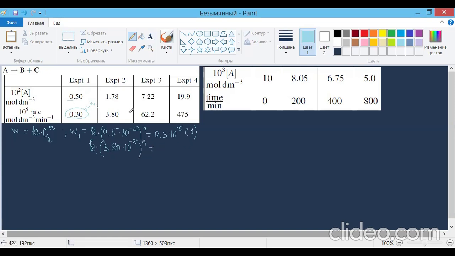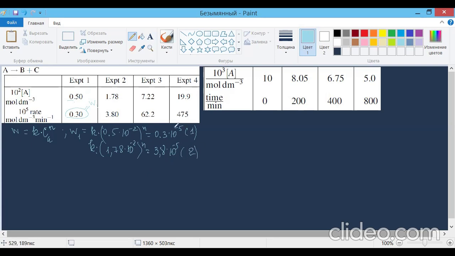Oh, I'm sorry. That's my fault. I have confused these two. The concentration is 1.78. Okay, so it's a similar expression, the second expression.